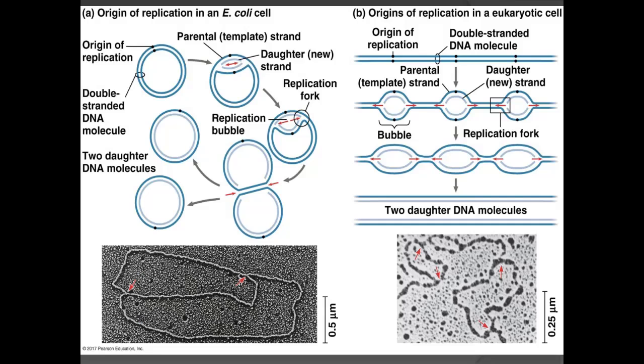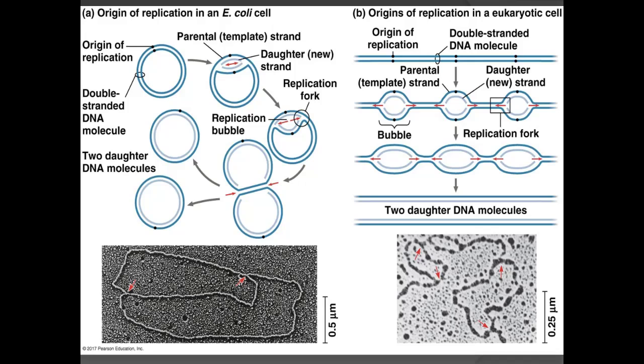This diagram here depicts the difference between the origins of replication in prokaryotic versus eukaryotic cells. In prokaryotic cells, the image on the left, we can see the formation of a replication bubble at the origin of replication. Once the strands begin to be pulled apart, the enzymes responsible for DNA replication can access the DNA.